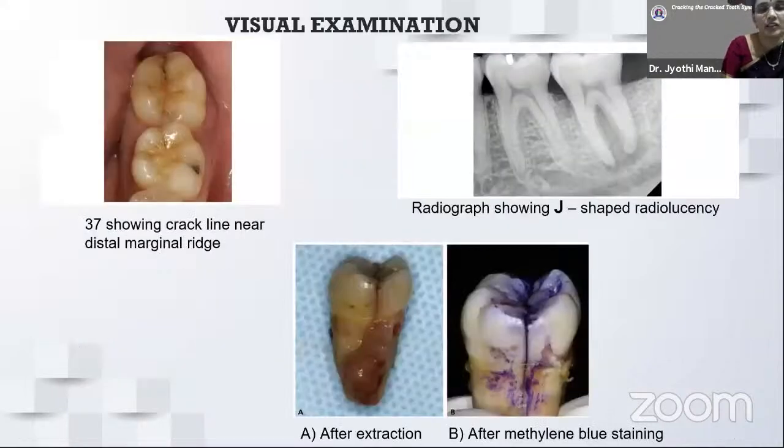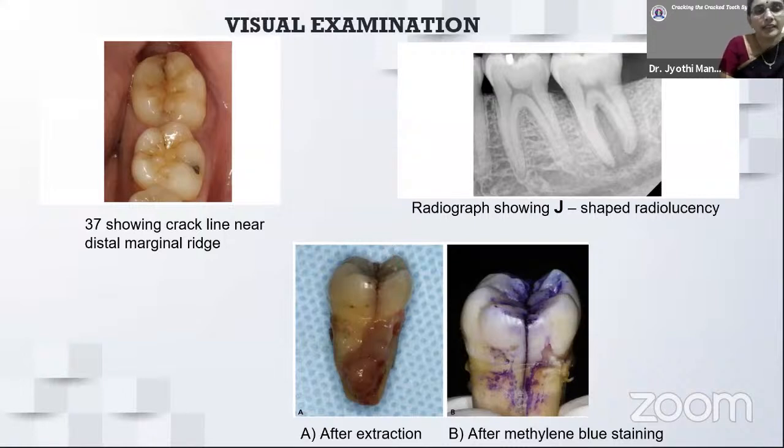Visual examination is the most important thing. The first thing you have to check is near the marginal ridges, because most cracks originate from the marginal ridges. So the mesial and distal marginal ridges should be inspected properly under proper light, and magnification is important.